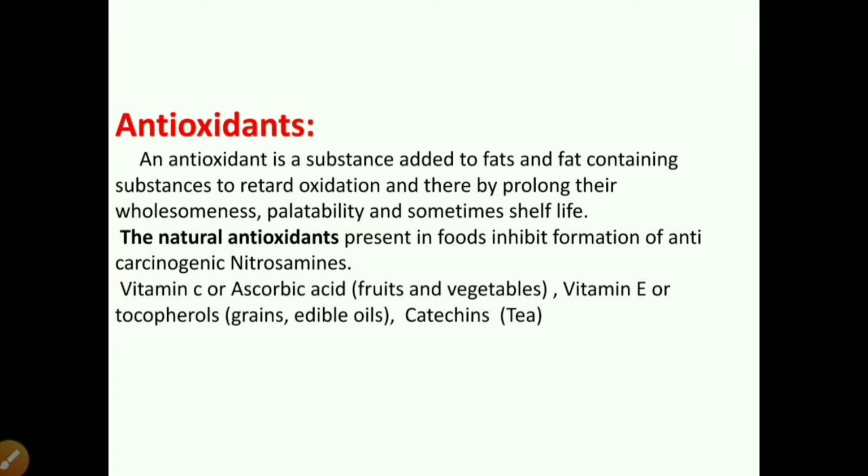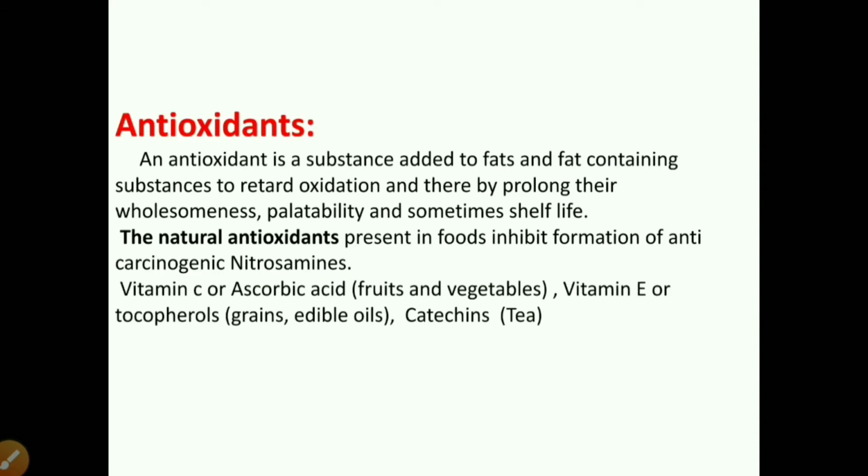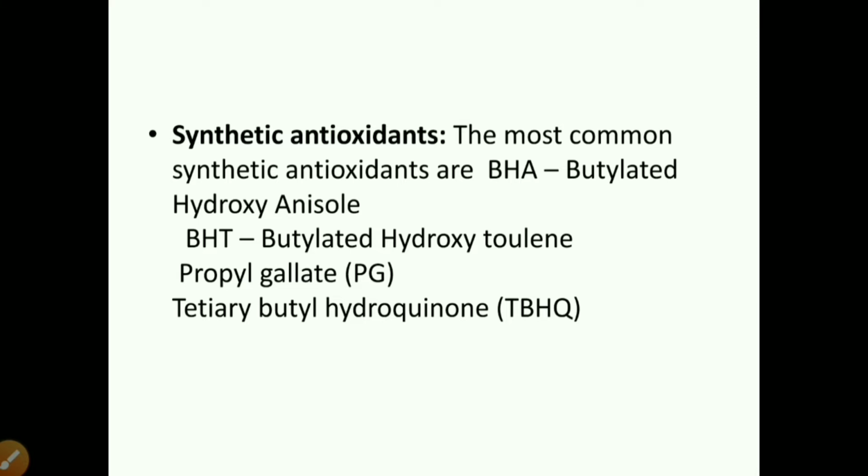Some of the most common antioxidants include natural antioxidants and synthetic antioxidants. Natural antioxidants include vitamin C, ascorbic acid, which is present in the fruits and vegetables, vitamin E or tocopherols, and catechins in the tea. Now, the most popular antioxidants in the food are BHA, BHT, propyl gallate, and TBHQ.